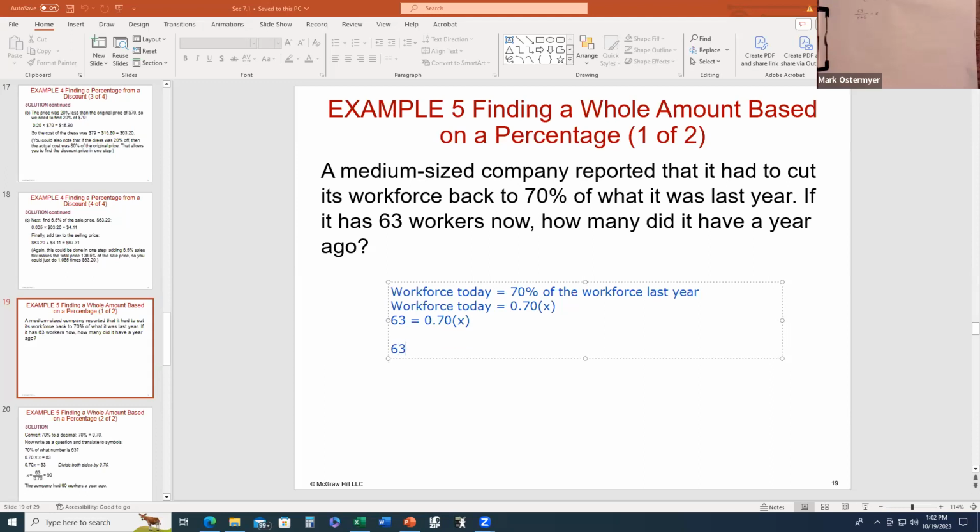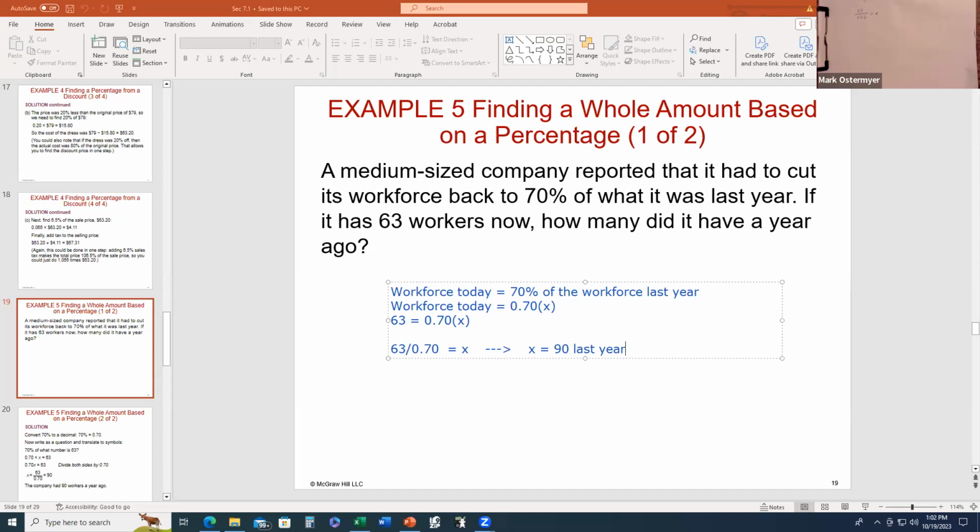We're going to divide 63 by 0.70, and that would be equal to X, which is the workforce last year. So take 63 and divide it by 0.70, and you get the workforce last year was 90. So this implies that the workforce was 90 last year. That's one way to do the problem.